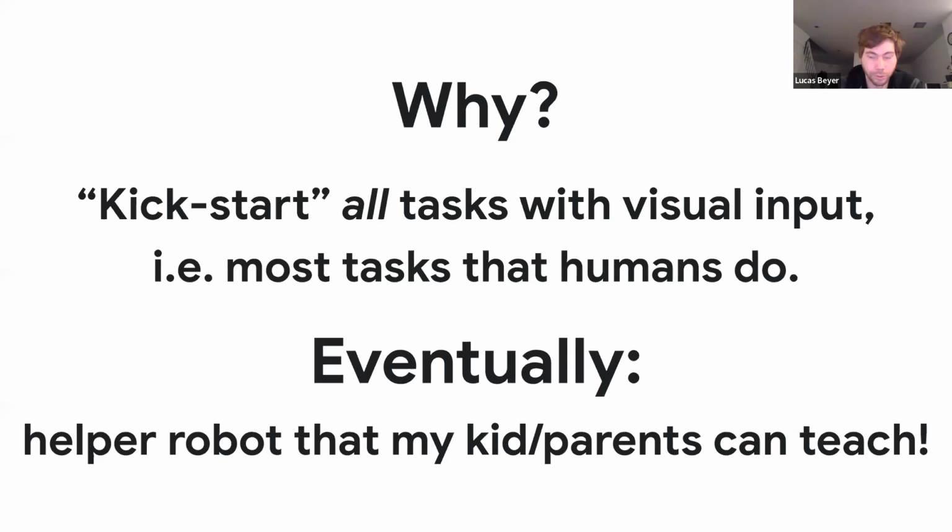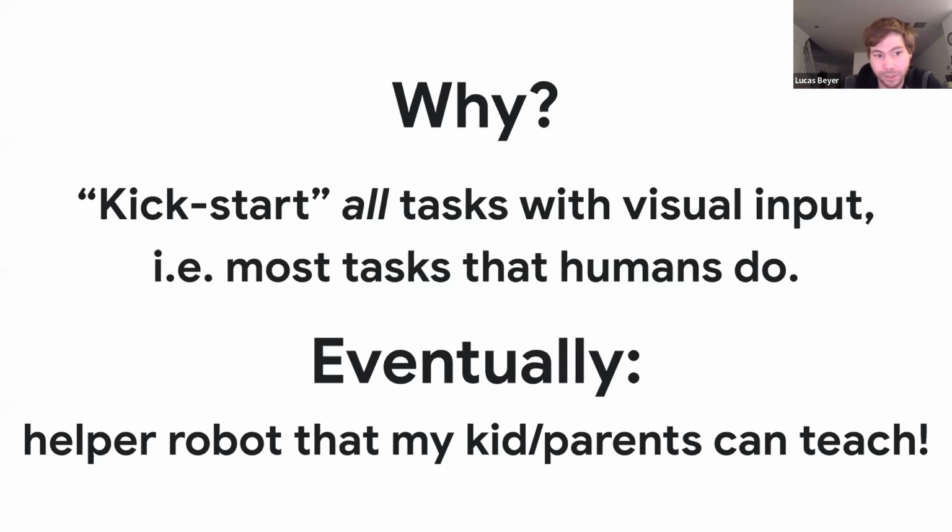This really good general visual representation is my midterm goal. My longer term goal is to somehow contribute to having robots that any non-technical person who cannot program at all, like my parents or my kid, or maybe by then they can program, can teach to do something useful. My firm belief is that the visual input is a strong necessary part of it, but it's definitely not everything.